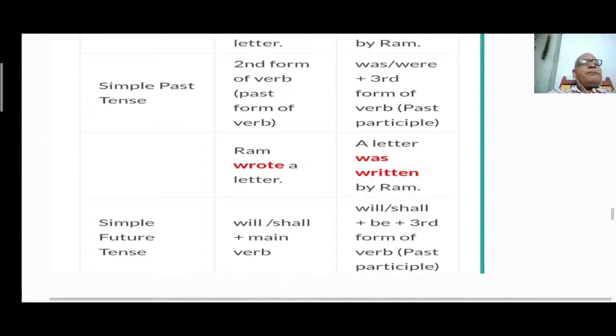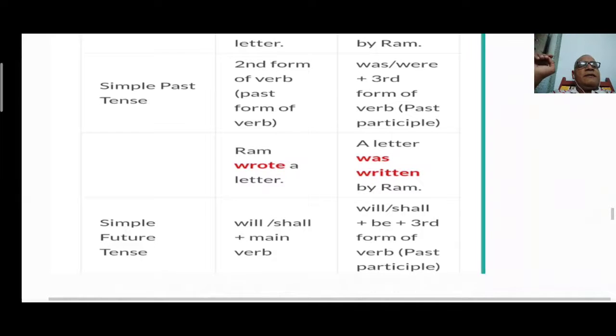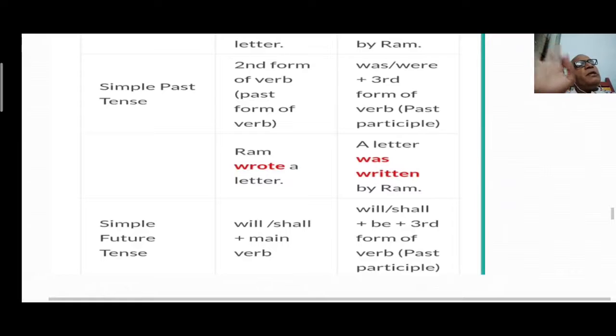And here the passive form of a simple future is object plus shall or will plus be. We could not use any other am, is, or was, were, have, had. Just use be only. Then verb 3 and preposition and object.